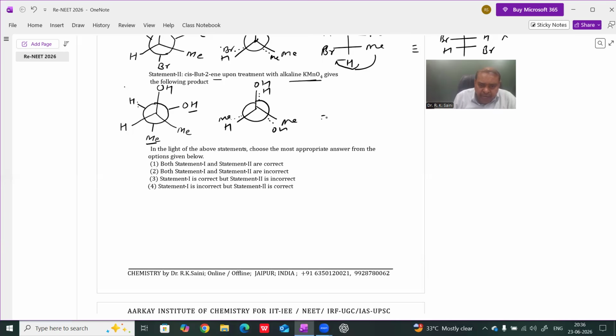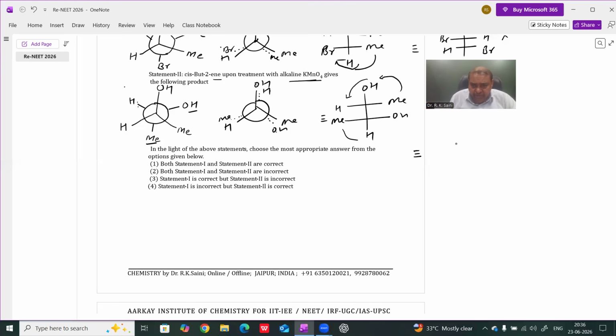And now we write their Fischer projection formula. In the top carbon, OH first, H on the left-hand side and Me on the right-hand side. In the second, OH and H are eclipsed. Me and OH are eclipsed, and H and Me are eclipsed, and we write the actual Fischer projection formula, by which the principal chain becomes the vertical line.